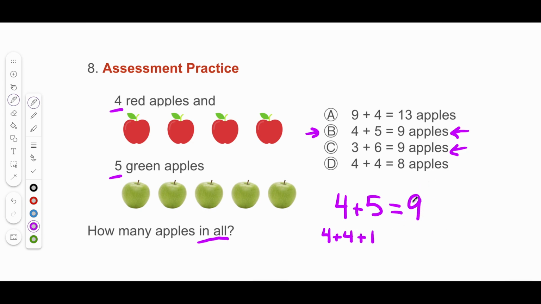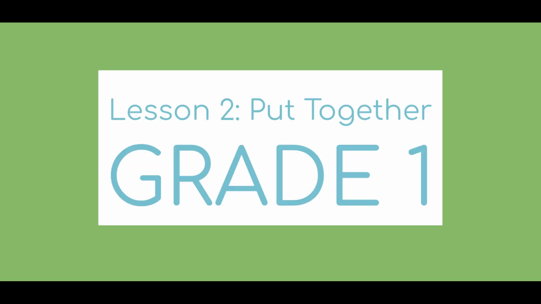There are many ways to get to this answer. They could have counted in the beginning and found 9 and narrowed down that this only has 2 possible correct answers. Now we're just looking for what is the accurate part and what is the accurate whole. And that's it for the topic 1, lesson 2 practice for the put together lesson.